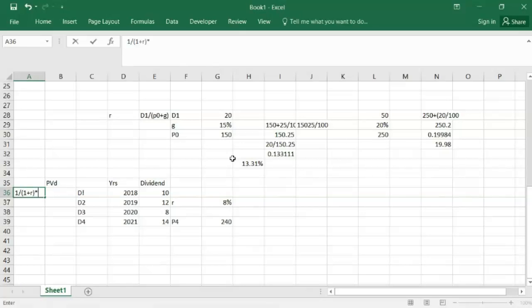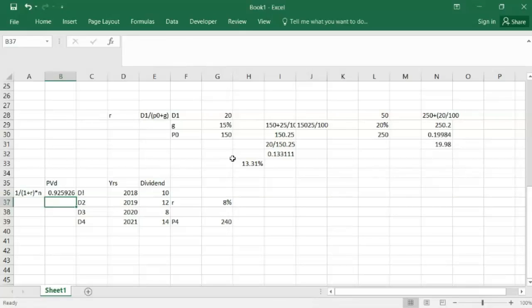Here r is 8%, 0.08, to the power 1. For the first year, it is to the power 1. So either you have mentioned it or not, the value that you have received.